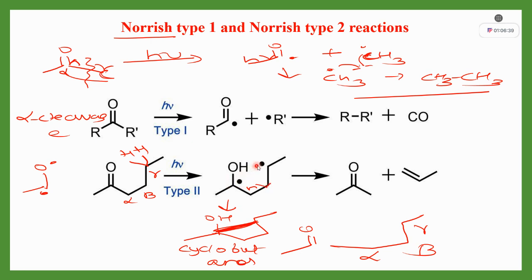First, these radicals can directly combine and result in cyclobutanol. Another way is that this bond can cleave homolytically here, resulting in this enol, which will tautomerize, and the radicals combine, resulting in this alkene. Clear? Norrish type 1 and Norrish type 2.